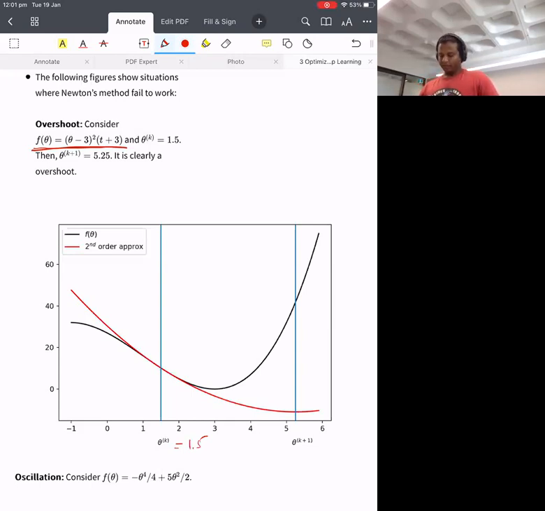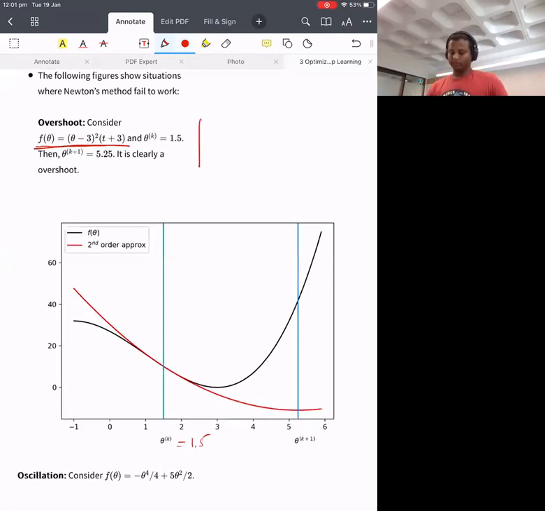I'm asking what is the next point. If you take time and find the second order approximation, that is what it looks like, and you can compute it easily because you have a simple expression.